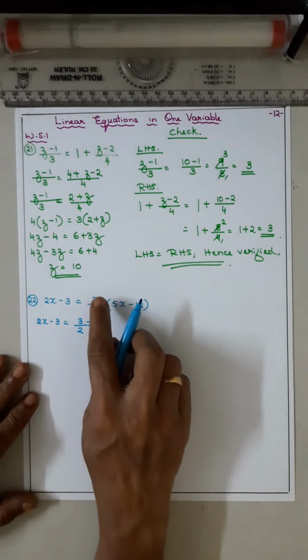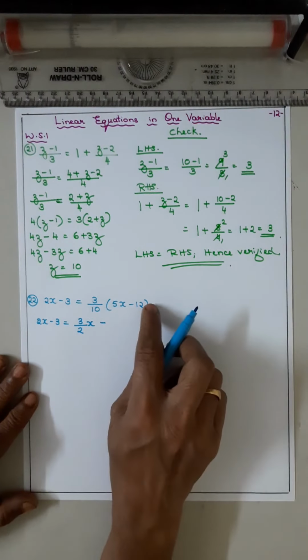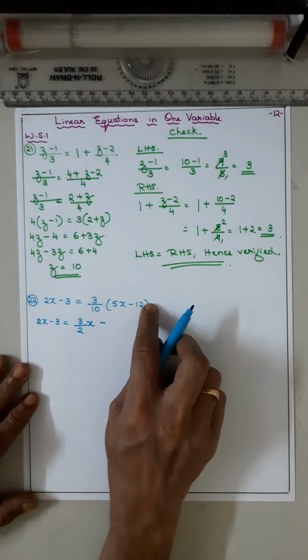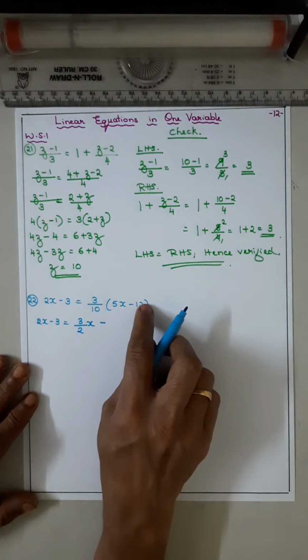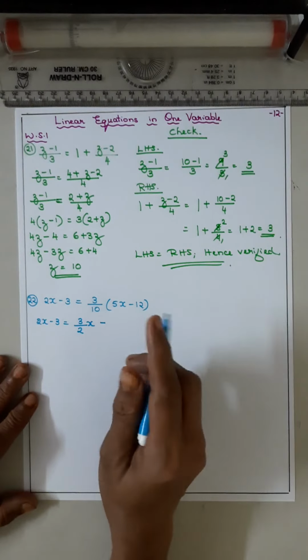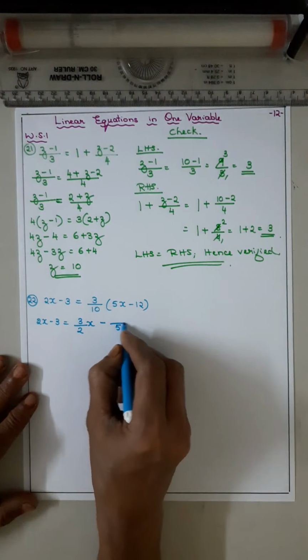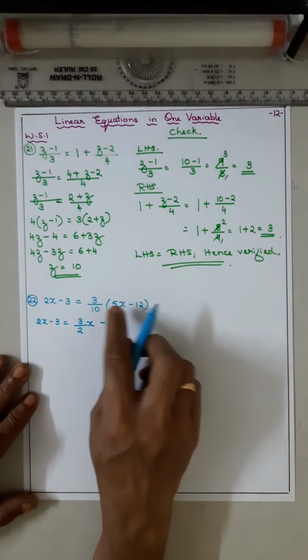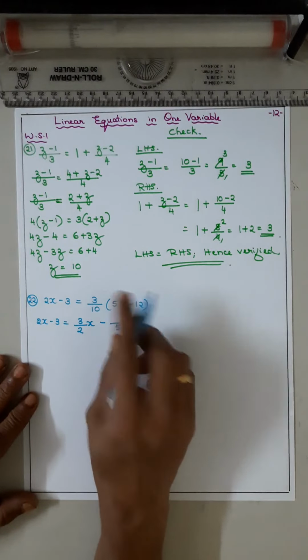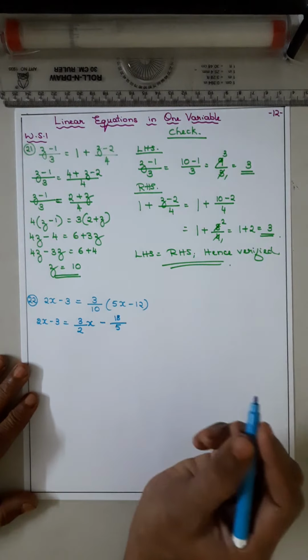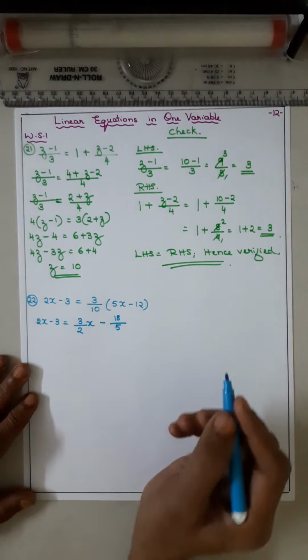Minus, now 3 by 10 into 12. Now it is 10 and 12. It is 2 5s are 10. In the denominator it will be 5. Now 2 6s are 12, 6 3s are 18. Okay.